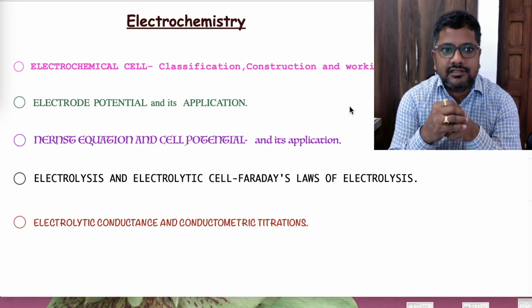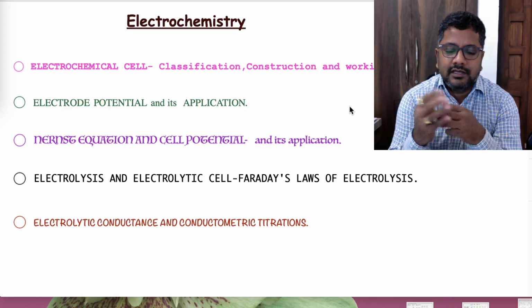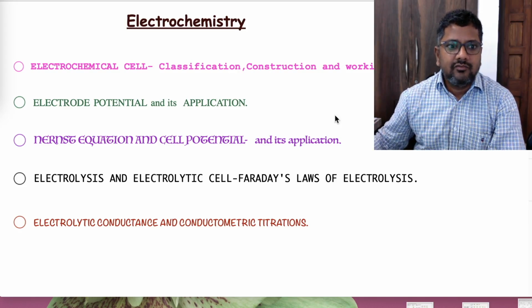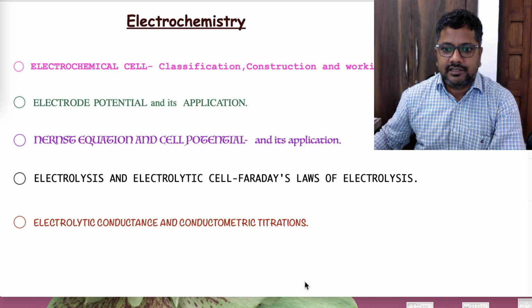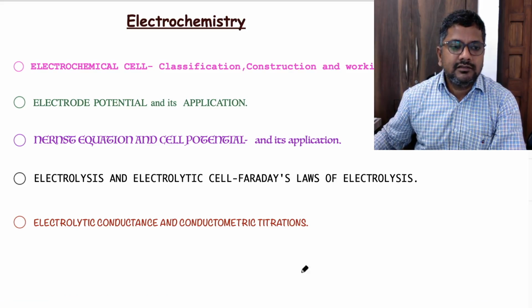stable or unstable in the given set of conditions, because all of you know that ions are stable only in two places. One, in aqueous medium, and the other, in crystal lattice.